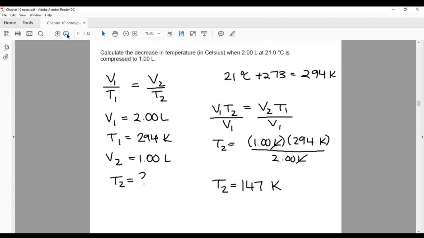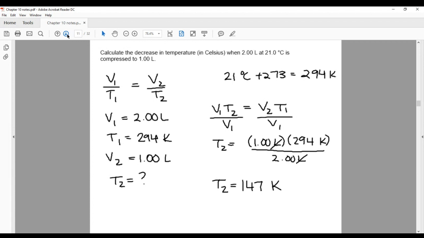So when I set up my equation, I'm going to set it up so that I cross multiply and I come up with V1 T2 equals V2 T1, and I'm going to divide both sides by V1 so I can solve for T2. Okay.